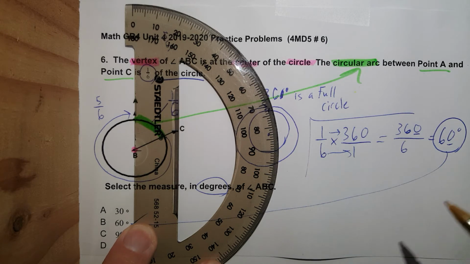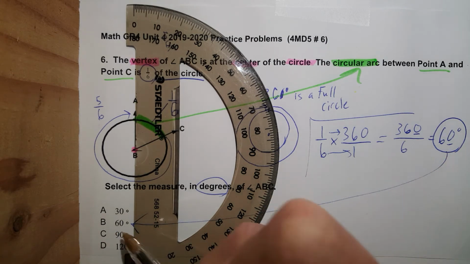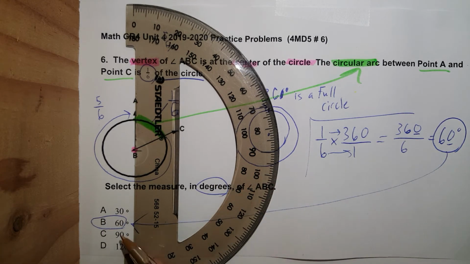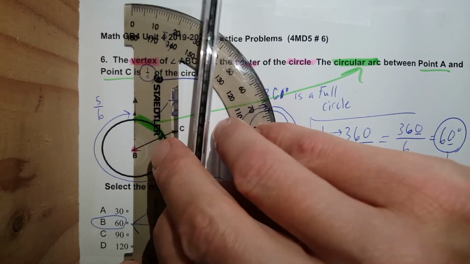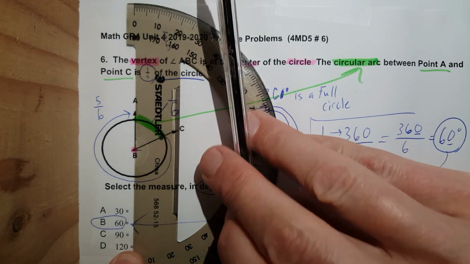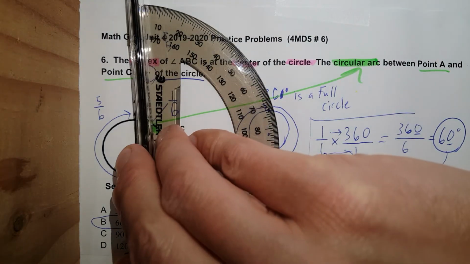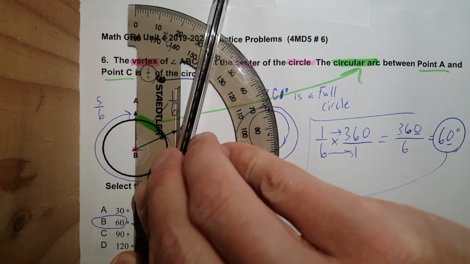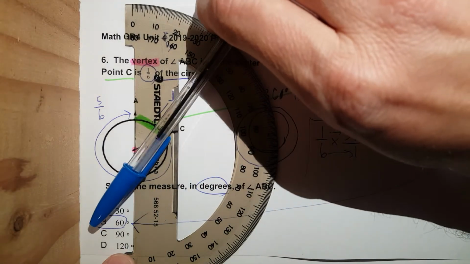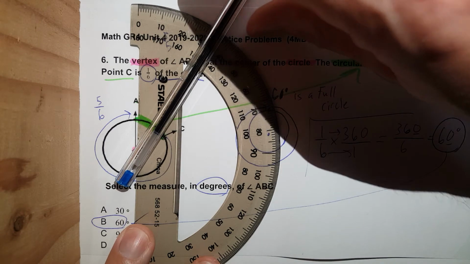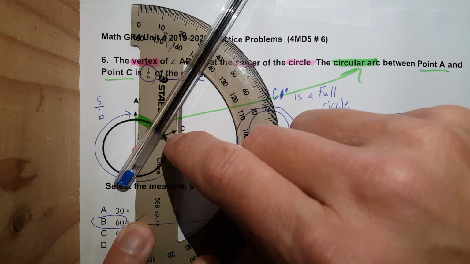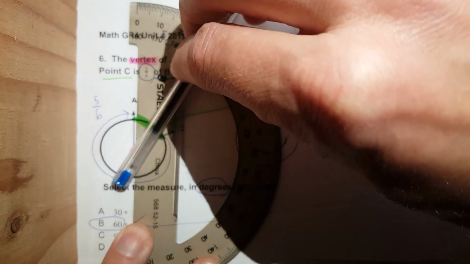And yes, it was made in China. But check this out. Our possible answers, well, we just proved that it's 60, so there it is. But look at your possible answers, 30 degrees. I would take my trusty protractor and see how I start at 0 and then I start rotating it. That would be right here would be 30 degrees. No, the arrow comes way over there. That doesn't work. Okay?